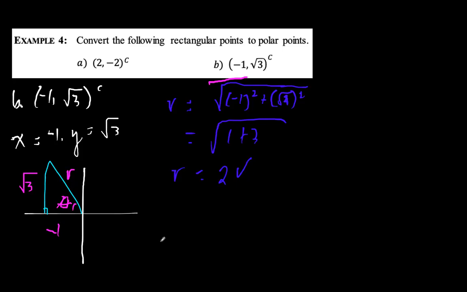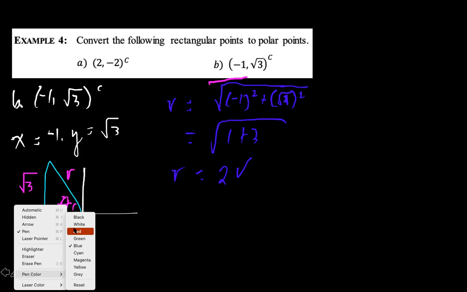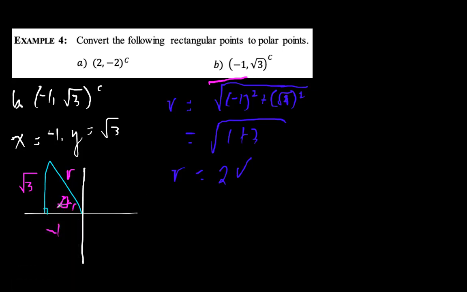Okay, and for our theta angle measure here, now we can easily identify the theta since these two values are values of a special angle, right? This is equivalent to 60 degrees or pi over 3, right?